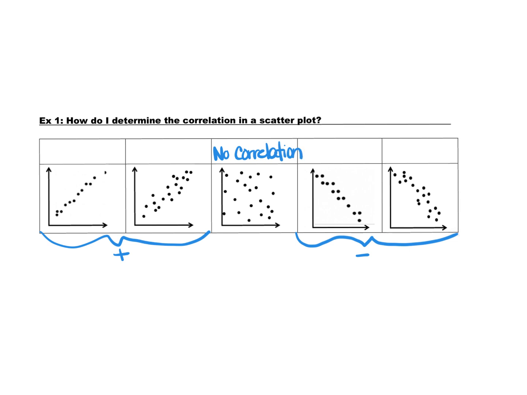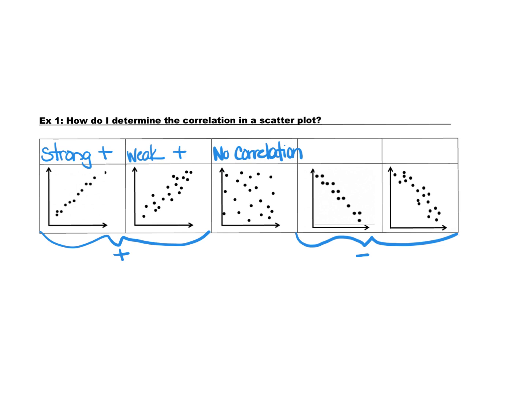All right, then going to the two graphs on the left, notice that they're both going up in a positive direction, but one of them is a tighter line than the other. What this means is that this is going to be a strong positive, and then the one where they're not quite as close together, this is going to be a weak positive correlation.